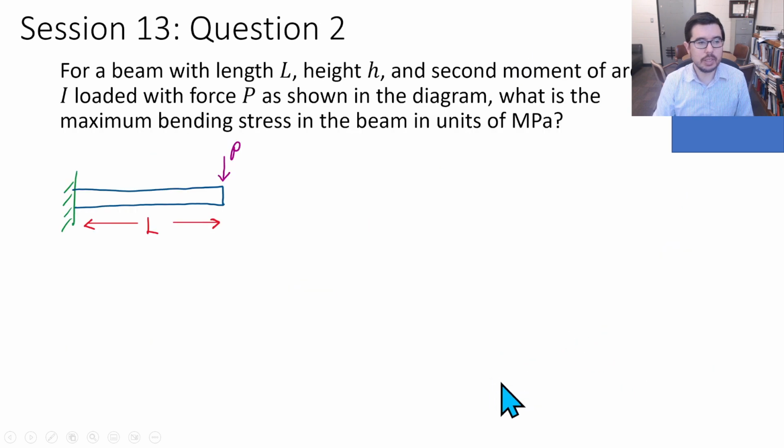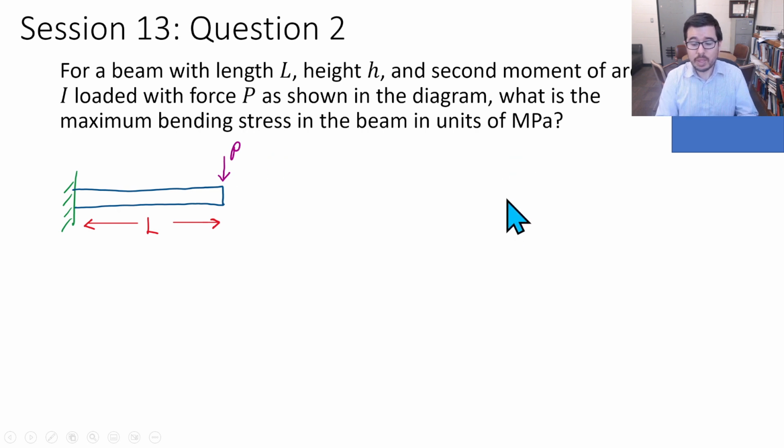To finish up this portion of the session, we have a problem, and I have slightly cut off the problem, but I'll just read it for you. For a beam with length L, height h, and second moment of area I, loaded with force P as shown in the diagram, what is the maximum bending stress in the beam in units of megapascals?